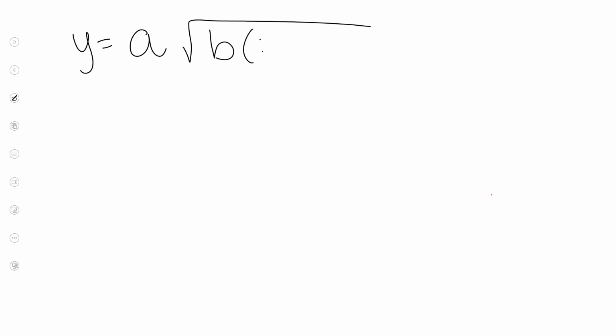Okay, so let's talk about the standard form real quick. Okay, so this is the square root function. We already know that A will tell you if it's a vertical stretch or a compress.